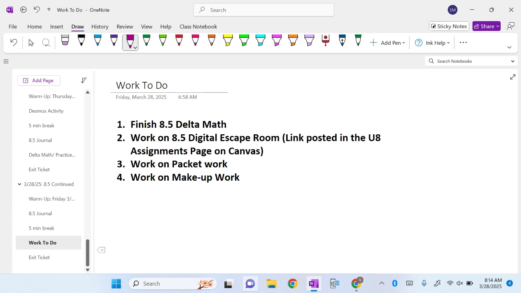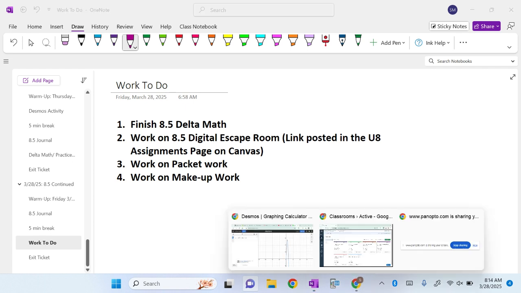It's exactly the same as what we've been doing, so it's not very hard and shouldn't take you very long. That link is already posted on the assignment page on Canvas. After you finish that, work on packet work and makeup work. The escape room is a grade, so make sure you do it. All right. I'll give you your 5-minute break, and then you'll come back and work. You can do the work in Starbucks mode as well, just no phones.